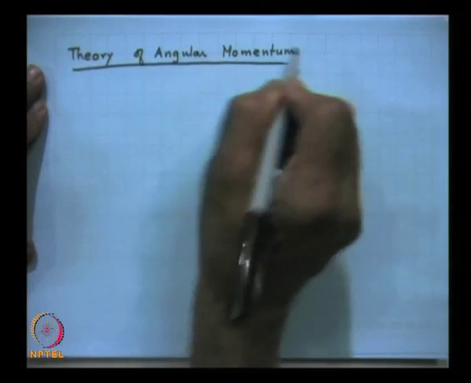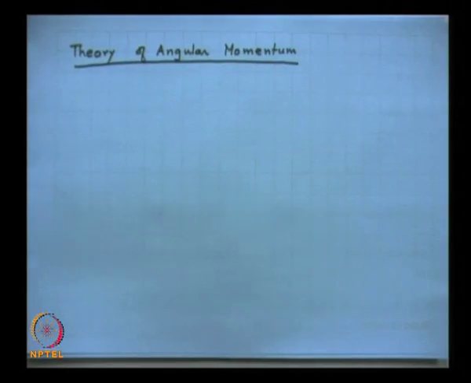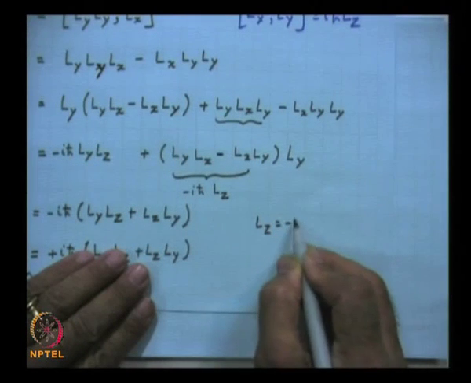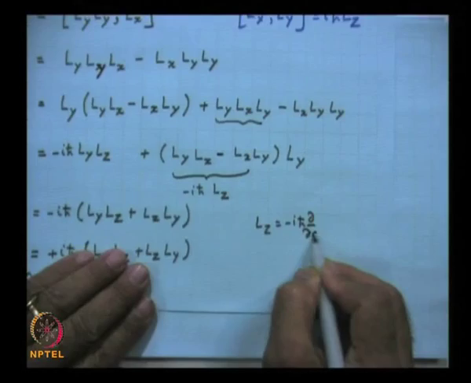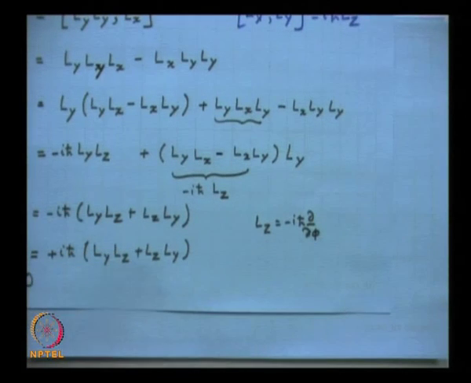We had earlier used differential operator algebra to write down the operator representation of the angular momentum operators. We had written that L z operator was equal to minus h cross delta by delta phi. Now we do not worry about that. We just use the commutation relation, and in that sense it is slightly different from what we did earlier, and indeed we will get slightly different results.